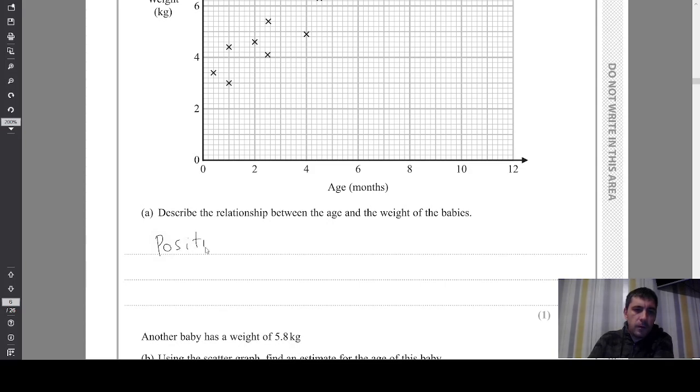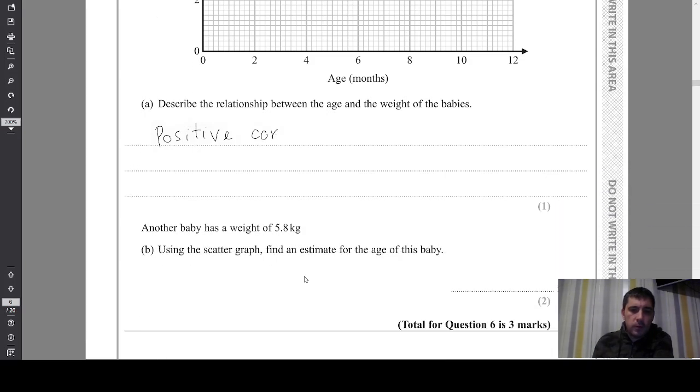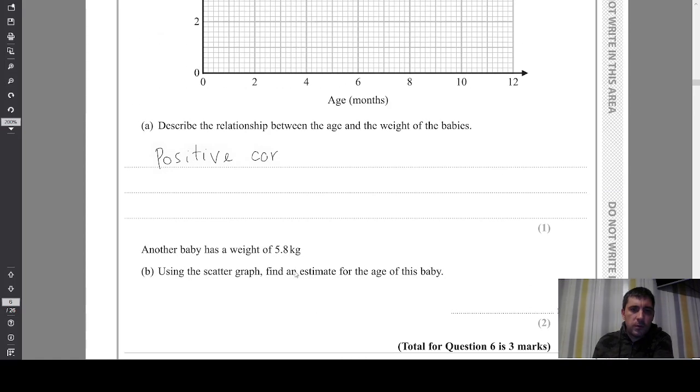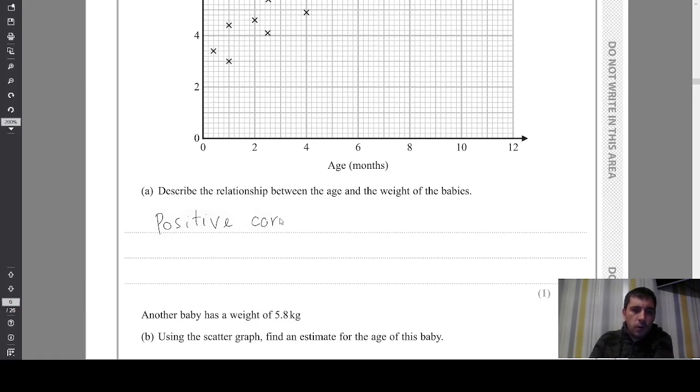Positive correlation. Okay, I forgot how to spell correlation, so I think it's with a double R. Correlation.